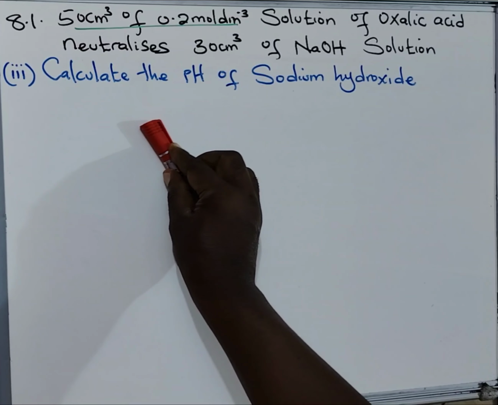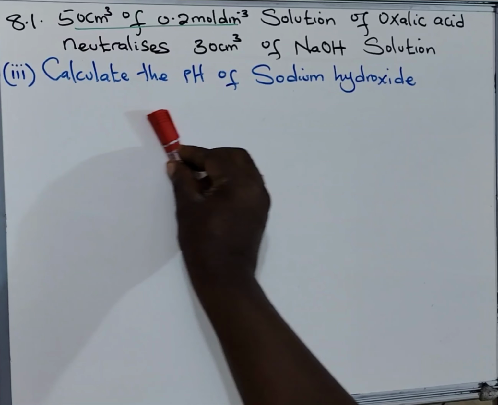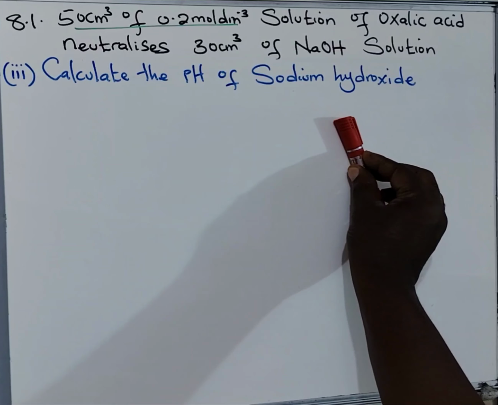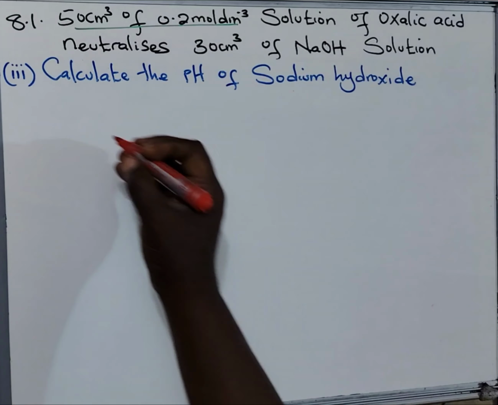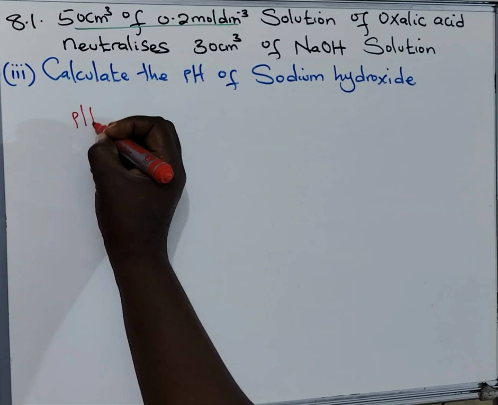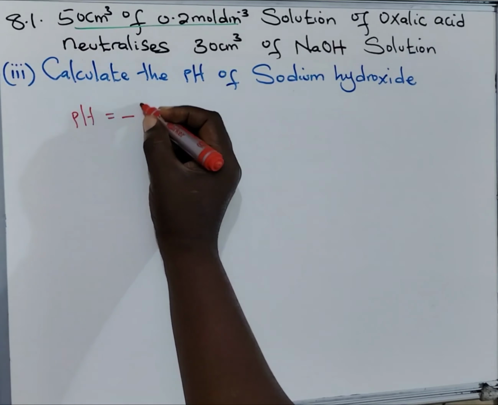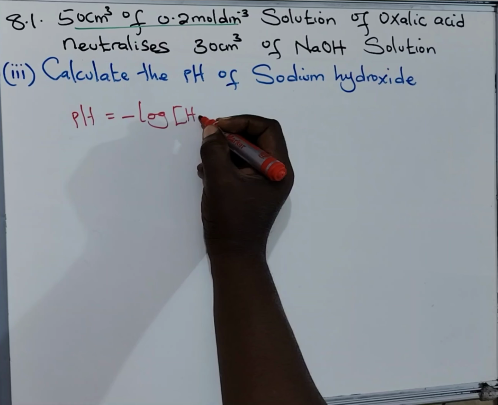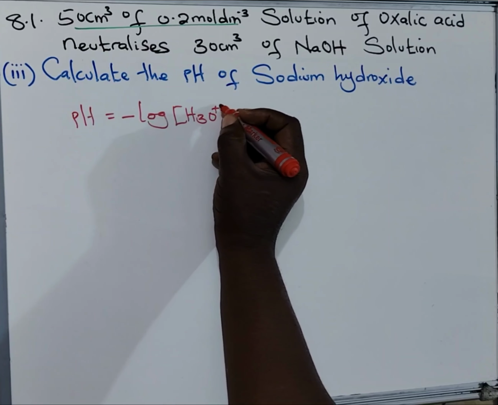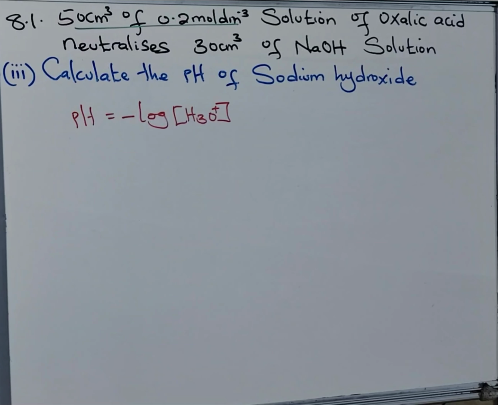Then comes this question. It says, calculate the pH of sodium hydroxide. Okay, how do you go about this? This is what you have to know, that pH is equal to negative log hydronium ion concentration, or negative log hydrogen ion concentration.